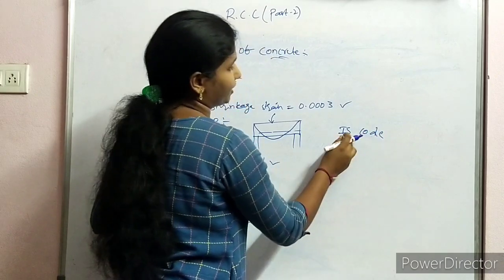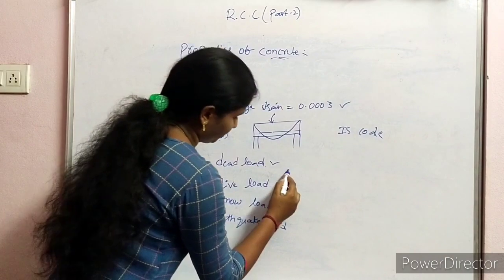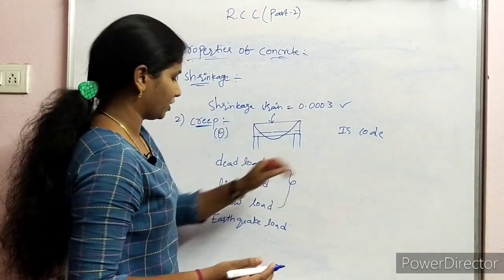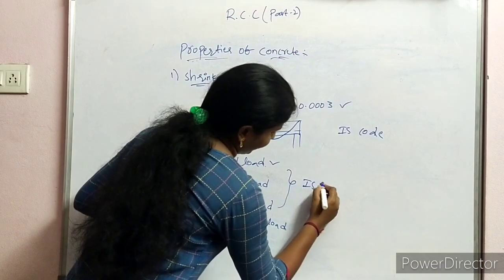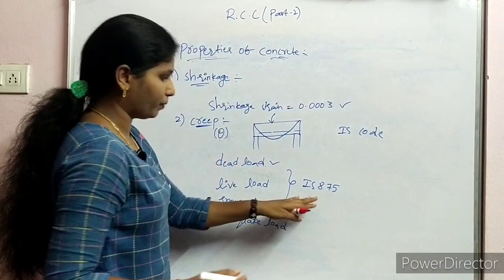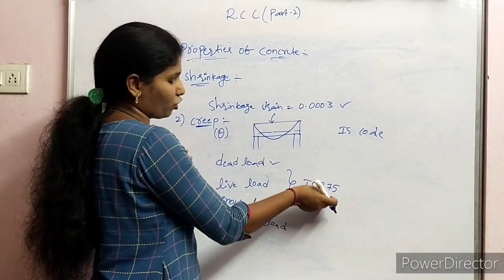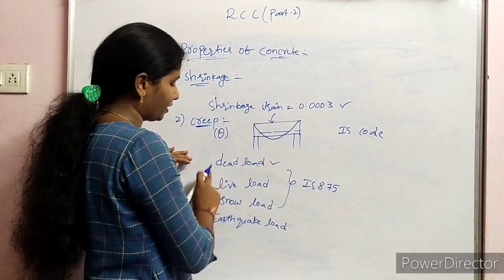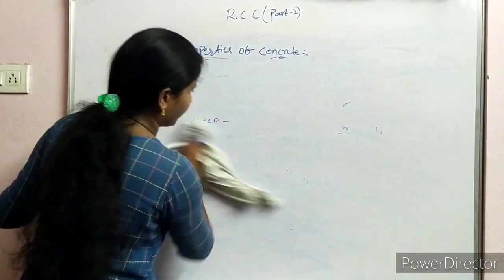IS code means Indian Standard code book. These are the books we use while calculating. Dead load, live load and snow load are given in IS 875 code book, in part 1, part 2, part 3. These parts describe these loads in detail. Earthquake load is given separately.